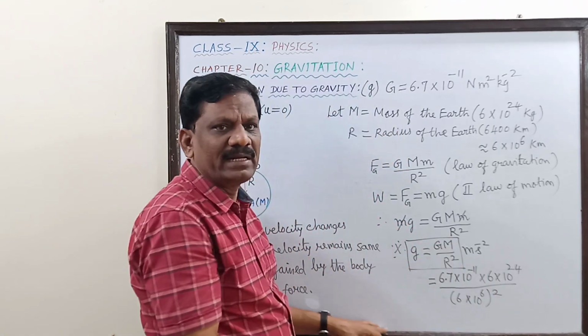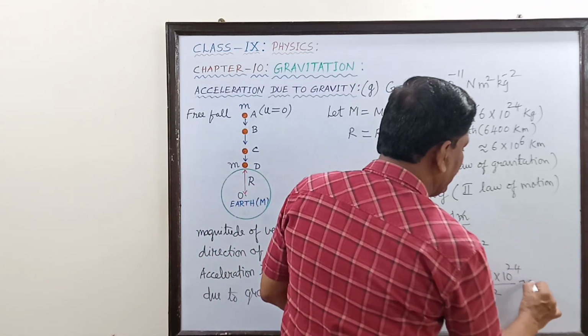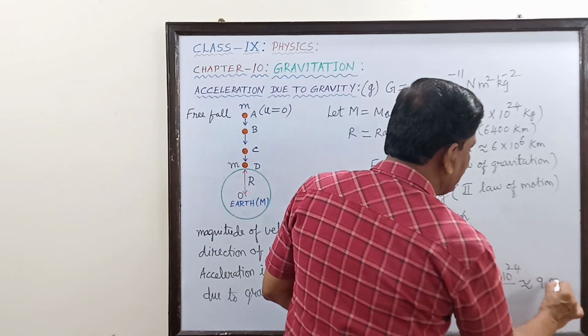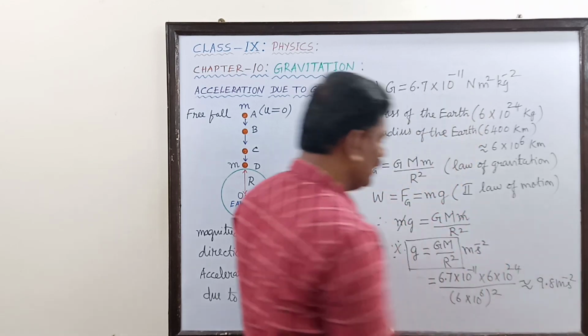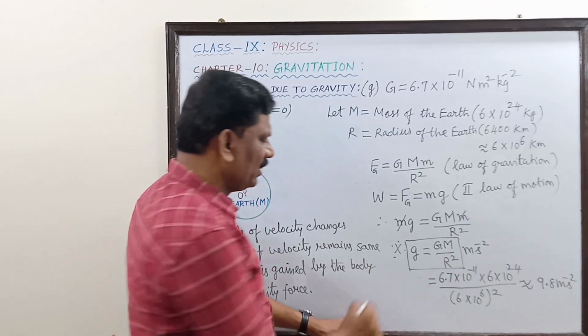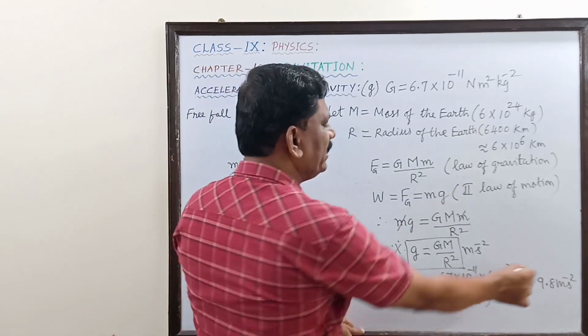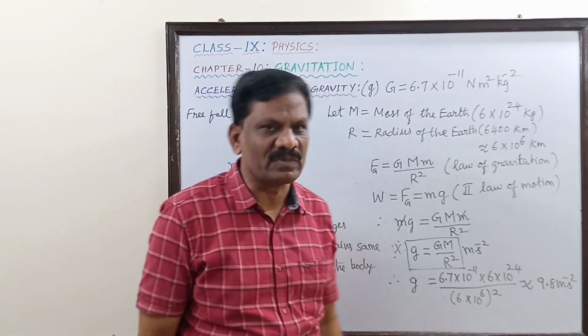This numerical calculation will give you a value nearly equal to 9.8 meters per second square. Therefore, the value of g is 9.8 meters per second square.